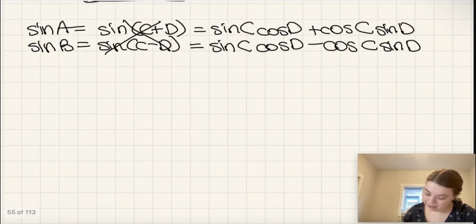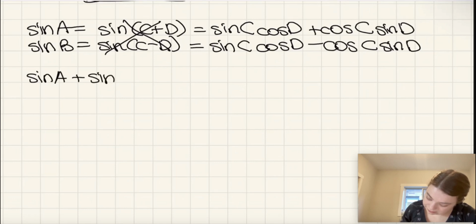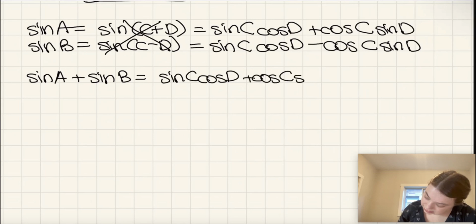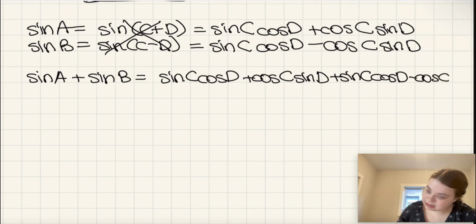I just get that sine A plus sine B is equal to sine C cos D plus cos C sine D plus sine C cos D minus cos C sine D. Next I'm going to cancel out cos C sine D and also negative cos C sine D, and then combine these two here.